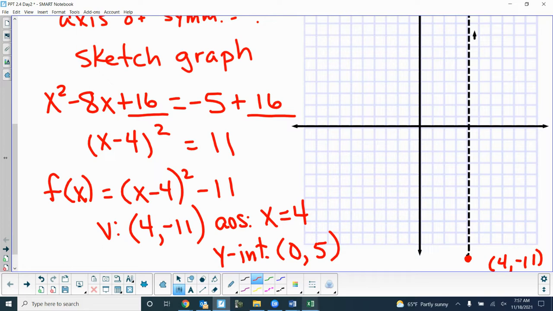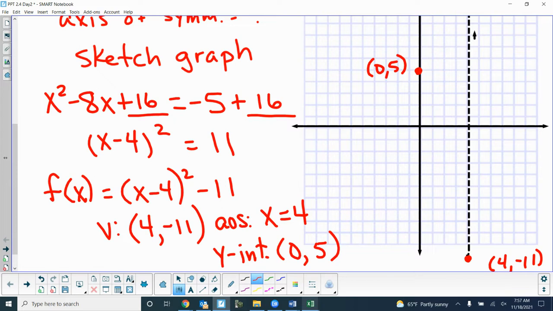What did we say our y-intercept was? 5, right? 1, 2, 3, 4, 5. Where's my third point gonna be? 4, 5's here. 8, 5, right? Look at the axis of symmetry.